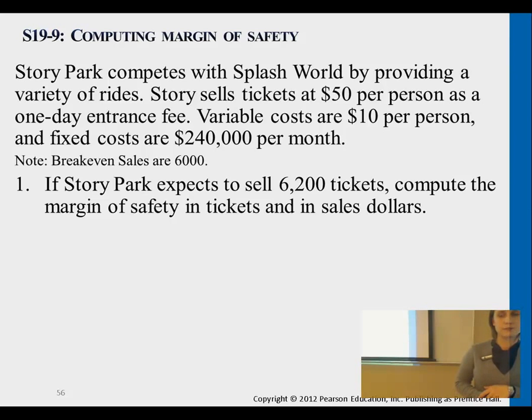Story sells tickets at $50 per person, 1-day entrance fee, variable cost is 10, fixed cost $240, same story. The only thing I wanted to add that was missing here is the break-even sales are 6,000. I'm just going to give it to you. So if Story Park expects to sell 6,200 tickets, we want to compute the margin of safety in tickets and in sales dollars.